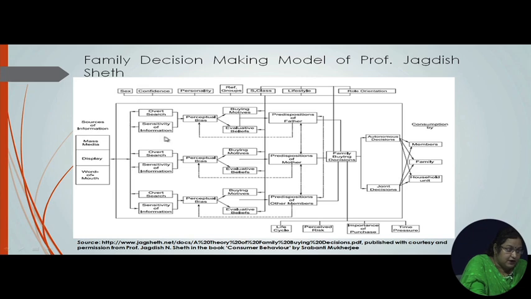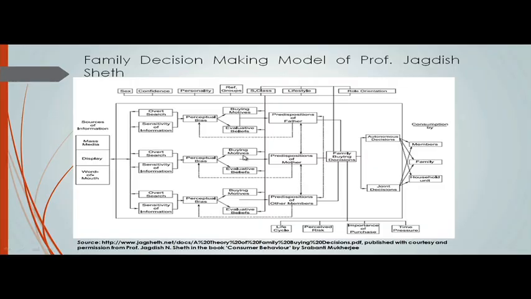The first part you can see here is the information search and sensitivity towards the information, which forms their perceptual bias and their buying motives, their evaluative beliefs. That in turn results in the predisposition of each member, and in this particular case of tourism I said that all of them have different motives.